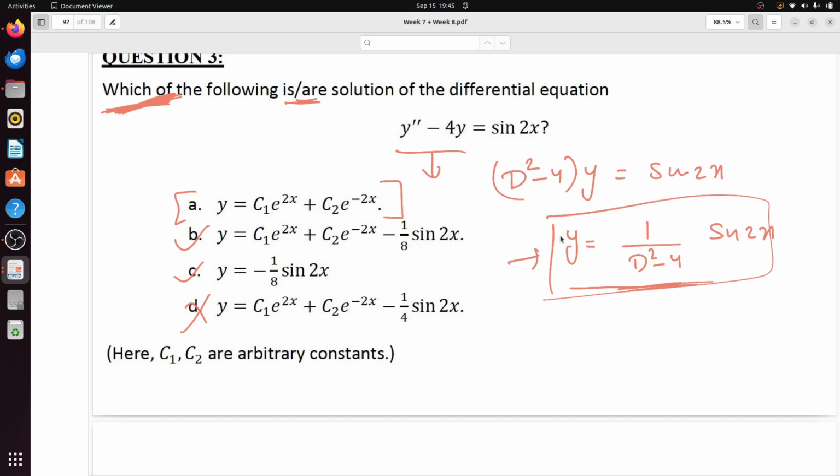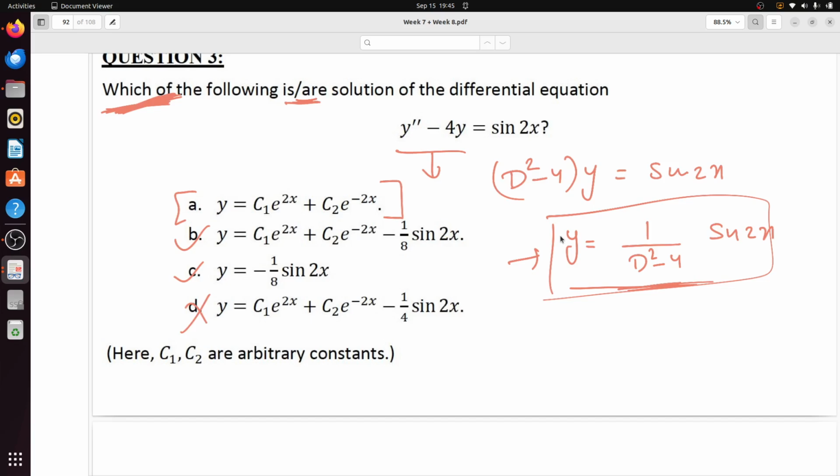So the equation is d square minus 4. So here you just put, instead of d square, minus 2 square.